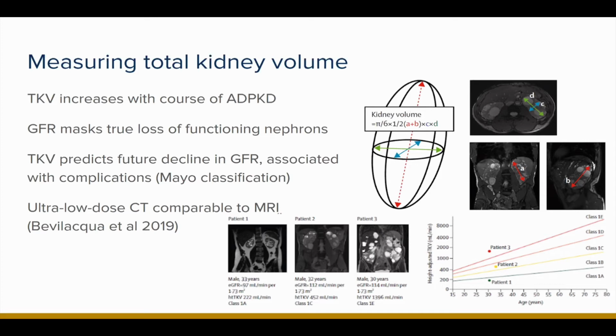And a recent paper out of the nephrology and radiology department, actually at St. Paul's, Bevilacqua et al. in 2019, showed in their study that, although total kidney volume is typically measured by MRI, ultra-low dose CT can be used in place of MRI when not available.